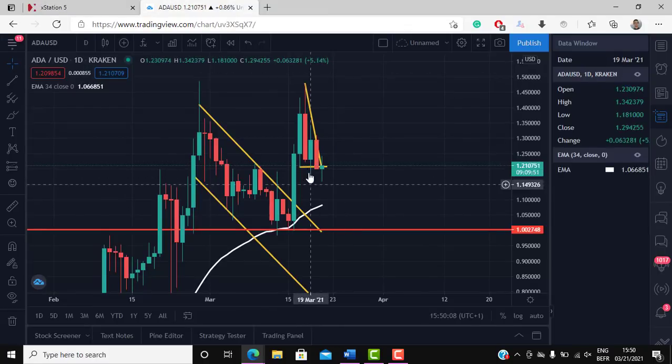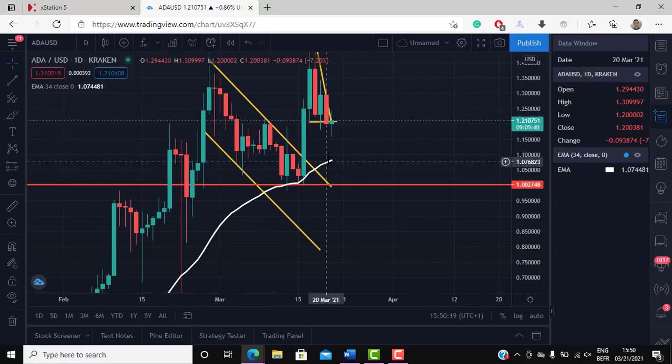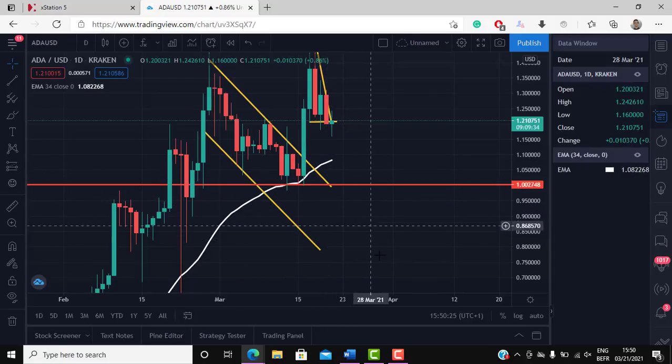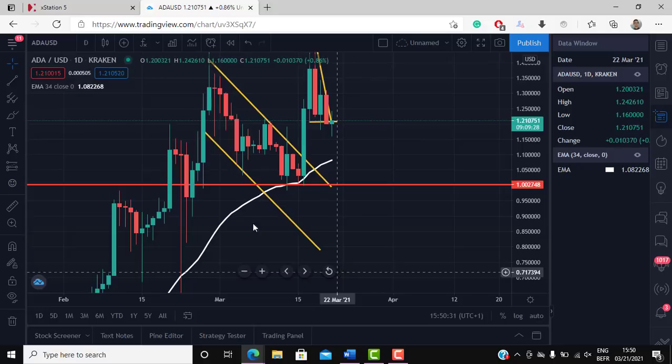However, we could backtest the level of 1 before moving up. We could keep moving up right now, or the last scenario, the most improbable, but something to keep in mind, is a break below 1. And if we do break below 1, it could be a very bearish signal, and we could see Cardano selling off a lot more than this. So this is the scenario to keep in mind.